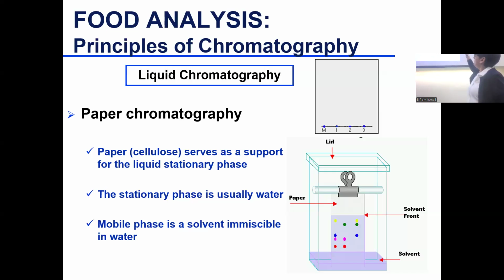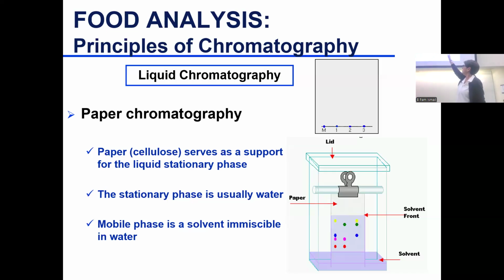Then you put your samples on that wetted paper, and then you put it in a chamber. We call it a maturation chamber. And then you add your immiscible solvent, let's say hexane, and the solvent starts going up, and your different components will move up with the solvent. However, if they are polar, they're going to like the water more than the hexane. They want to stick to the water on that paper and not move up as much.